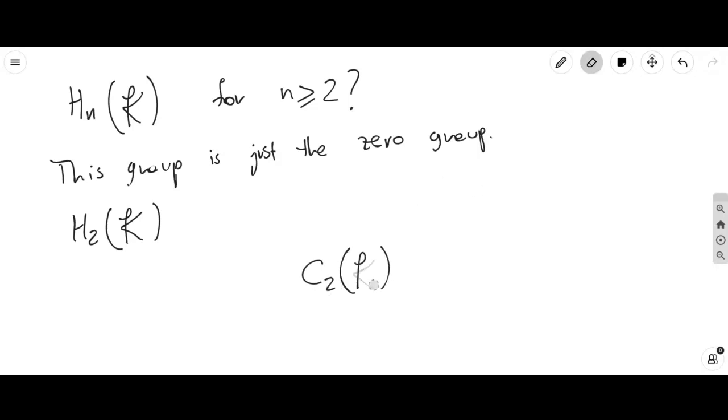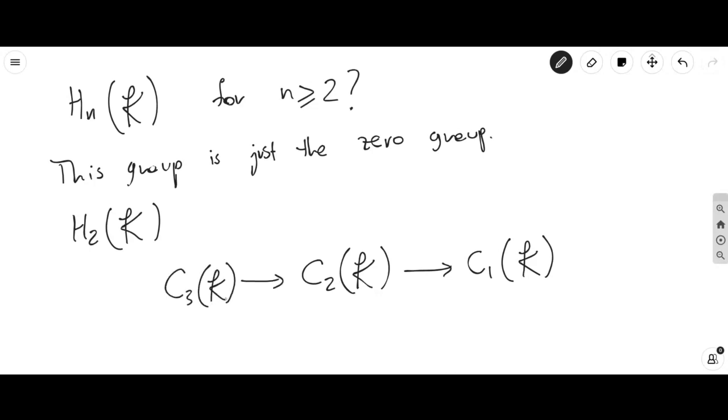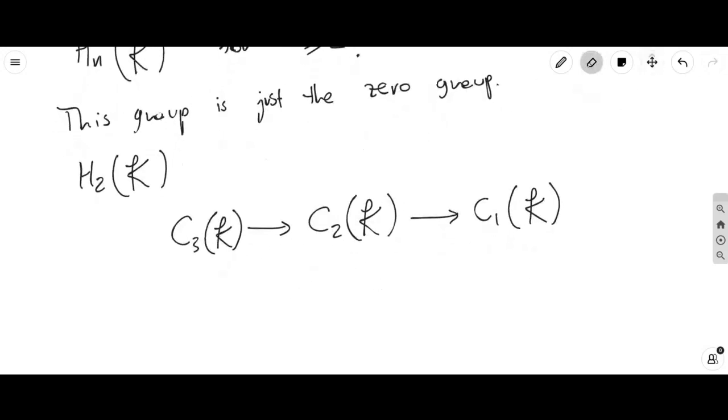You're going to start with two-dimensional chains in the complex. Then you're going to consider the boundary map going into one-dimensional chains, and then you will consider the boundary map from three-dimensional chains. So you have to find the kernel of this and the image of this. But what is this? If you just write it out, this is just going to be the group generated by oriented two simplices in K.